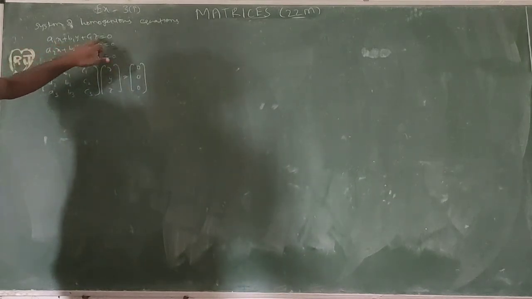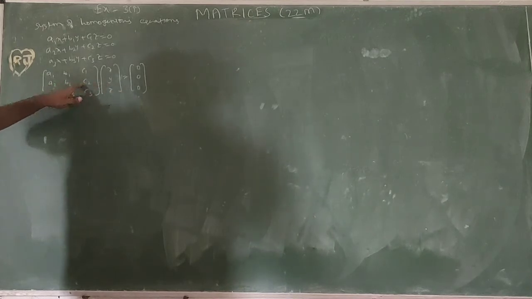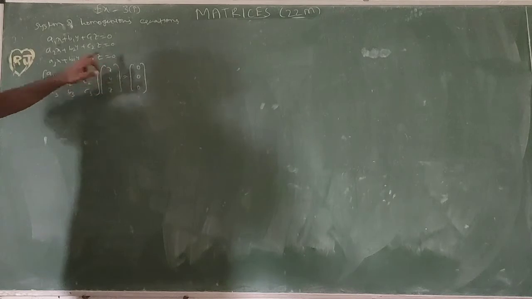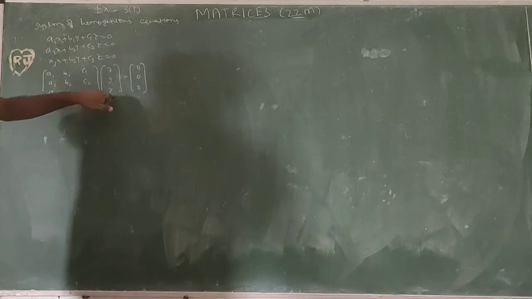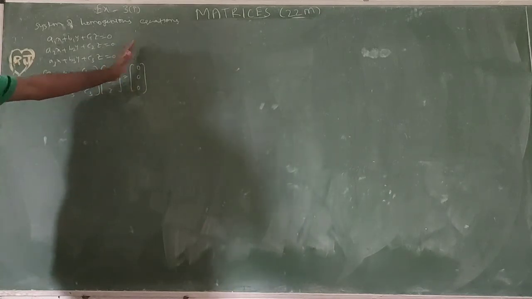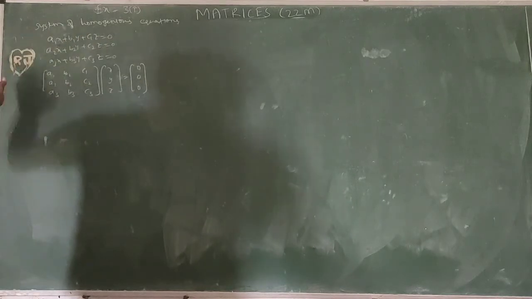Second row, a2x plus b2y plus c2z equal to 0, the second equation. This is the third equation, a3x plus b3y plus c3z equal to 0. So here it is all zeros. So this system is called a homogeneous system.